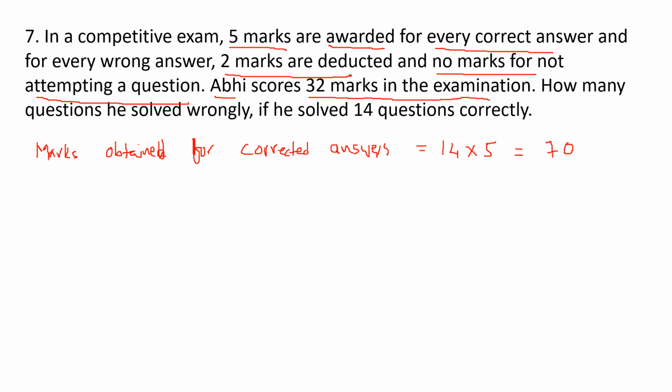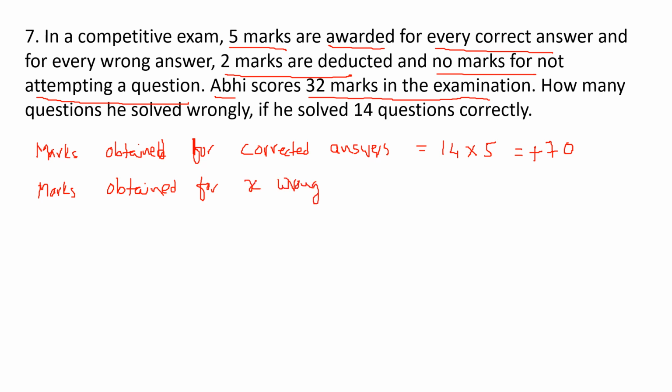And they are positive. Remember, I can put a positive sign here, but it is not necessary. You can put it or you cannot put it. That is your choice. But the positive sign means it is marks awarded for a correct answer. And what is the question? How many questions are solved wrongly? So marks obtained, suppose he did X wrong questions.